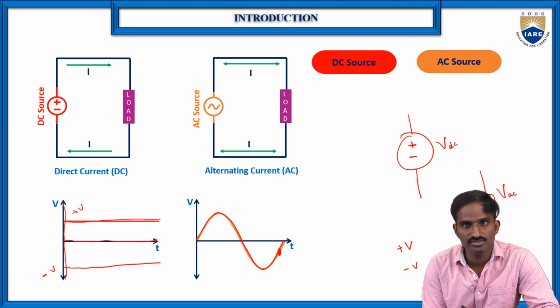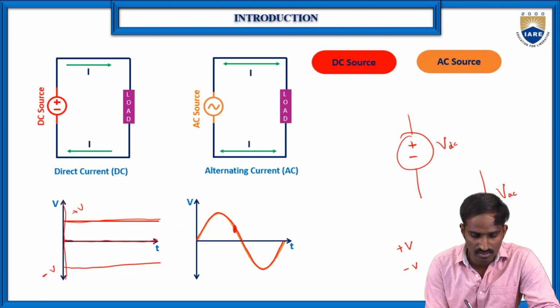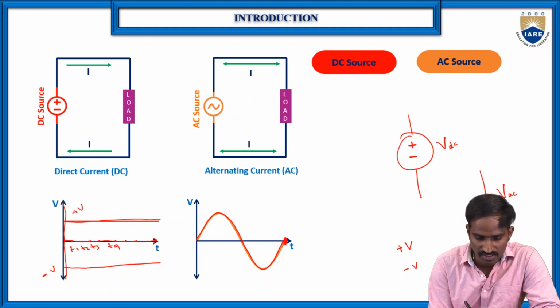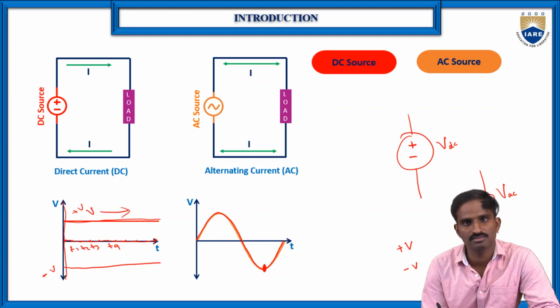But in case of DC, as you can see, at every instant the magnitude and the direction are the same. Let us consider T1, T2, T3, T4. In all these cases the magnitude is V and the direction is like this.